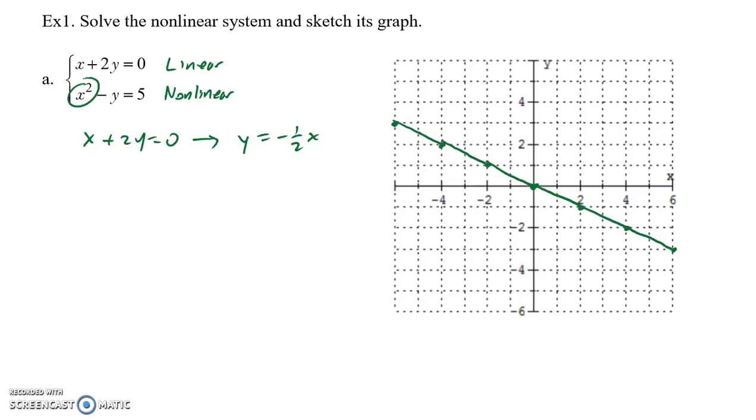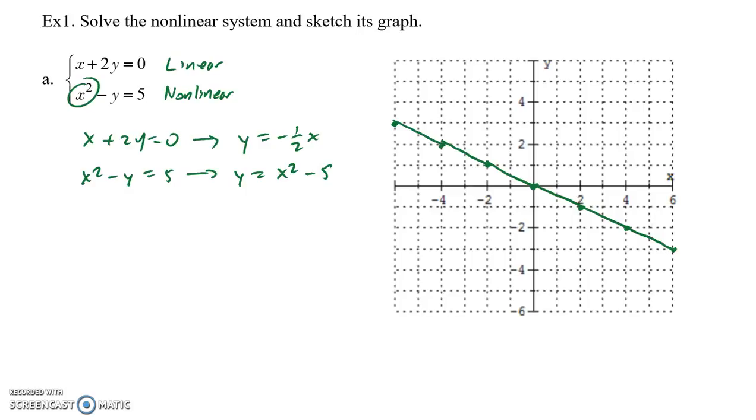So what about the nonlinear equation? Well, if we take x squared minus y equals 5, and solve it for y, you can check this, you should get y equals x squared minus 5.